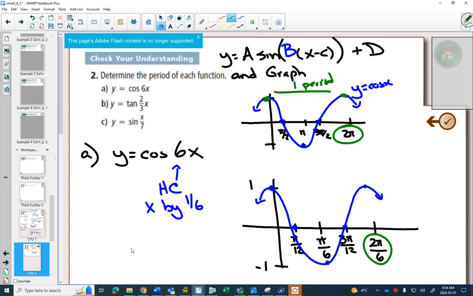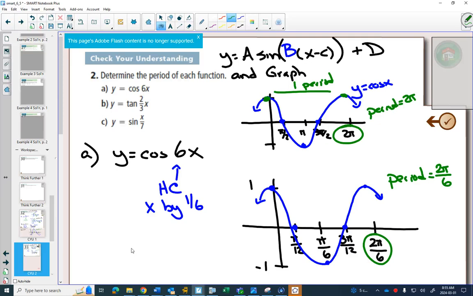But now our period is 2 pi over 6, whereas normally our period was 2 pi. So horizontal compressions, they are going to affect the period.